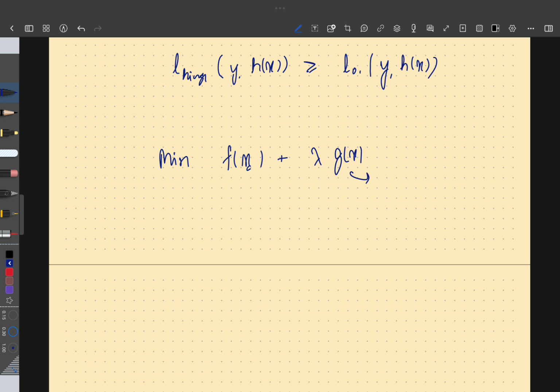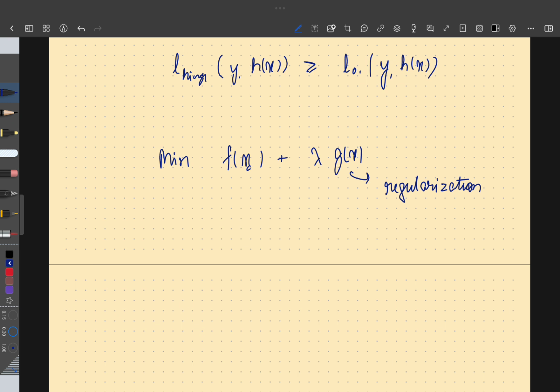Your ultimate goal is to minimize f of x, but you add lambda times g of x in order to bias your solutions in certain ways. So instead of just minimizing f of x, you minimize a linear combination of the actual objective that you're interested in plus some regularization term, hoping that this regularization term will bias the solutions in a certain way.